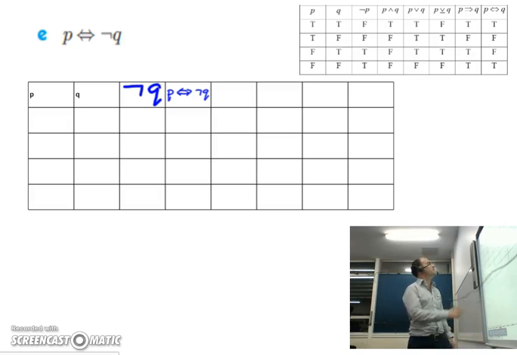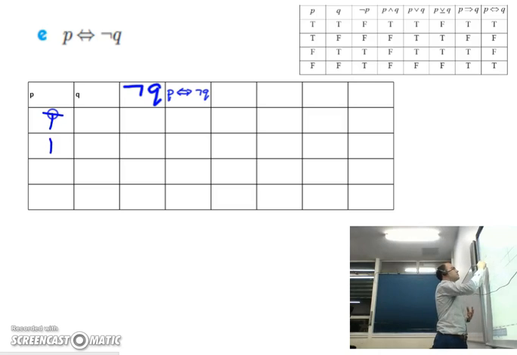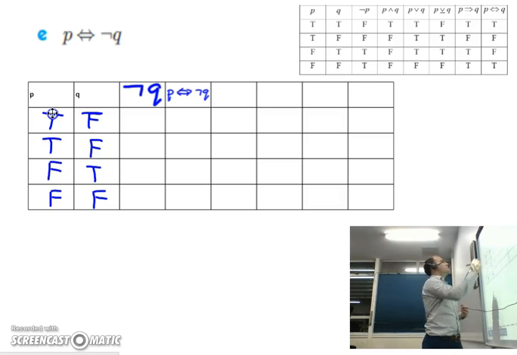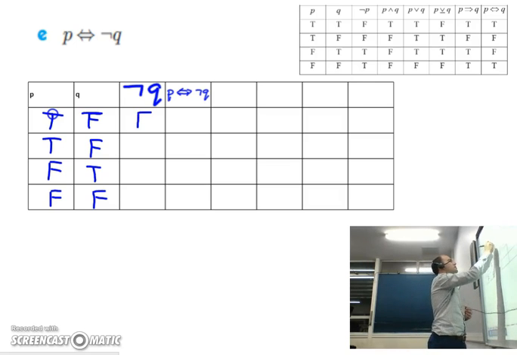So we have the statement P if and only if not Q. So we'll start filling out our table. We'll start with true and then a false, true and then a false. Not Q, so we said that was true. This will be a false, true, false, true.